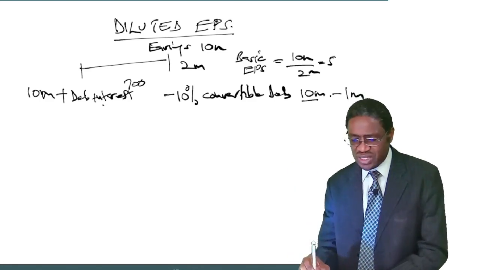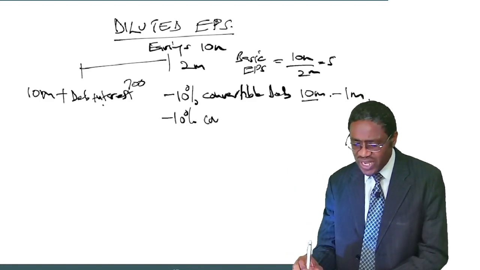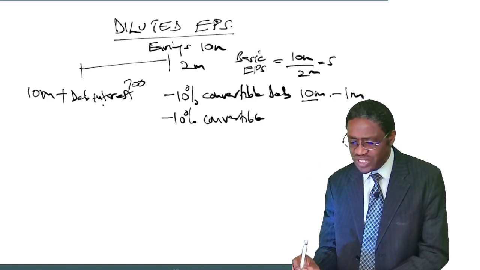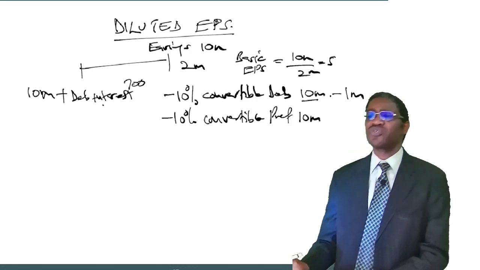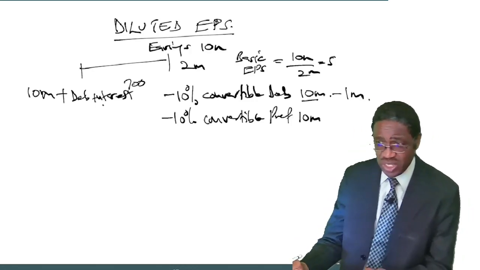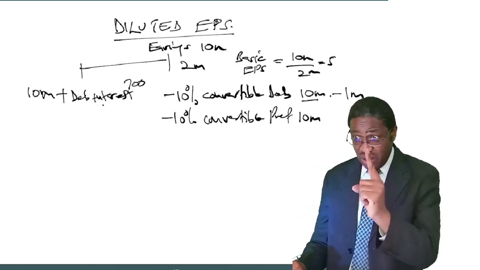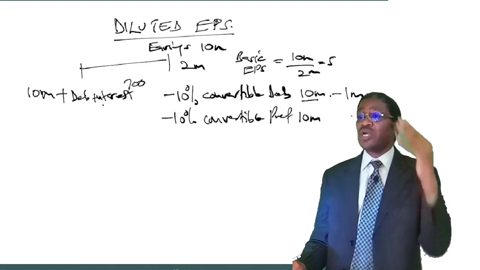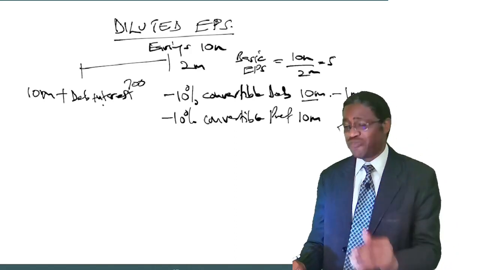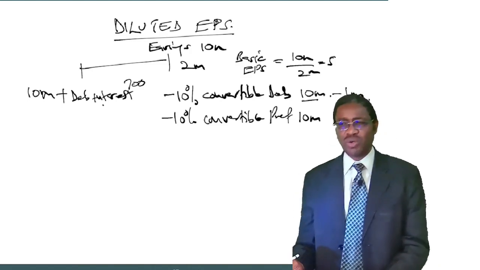We went further and said, what if your company had 10% convertible preference shares? Let me assume another 10 million. By the end of the year, you don't have the convertible debentures, but you now have the convertible preference, which is another potential ordinary share.